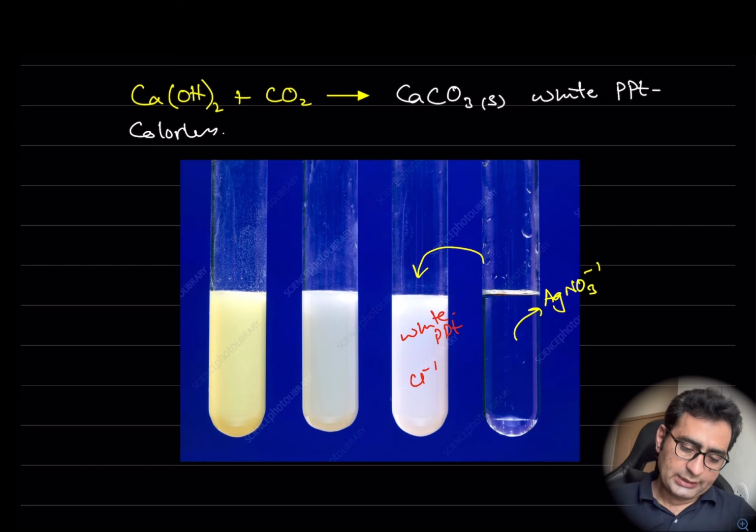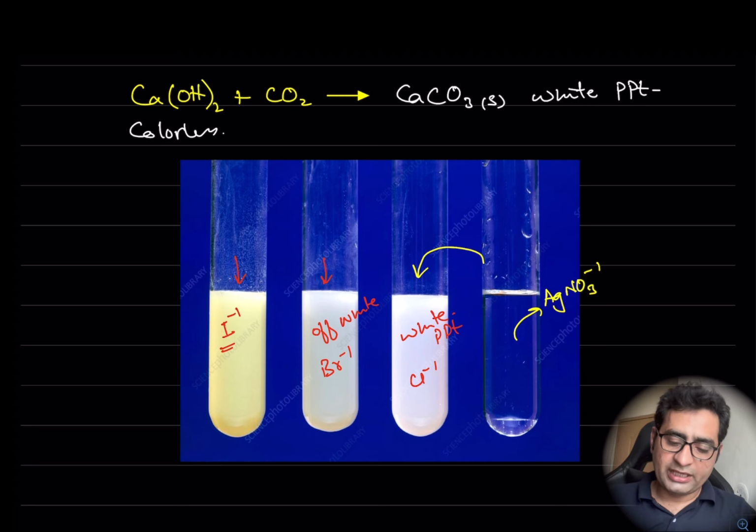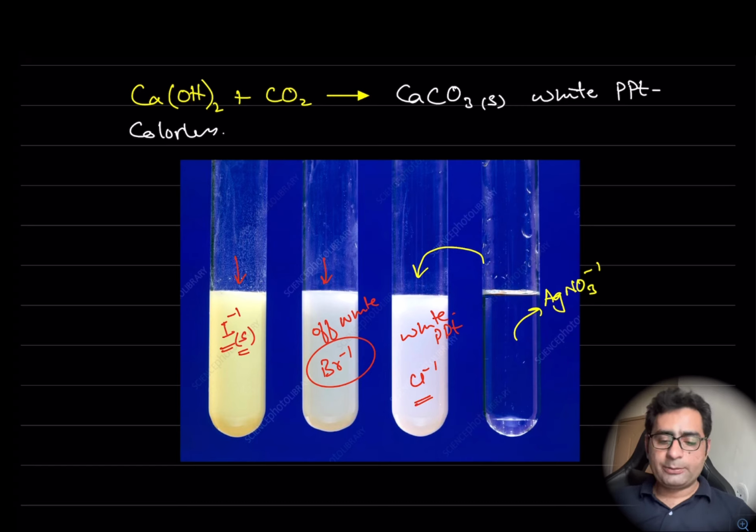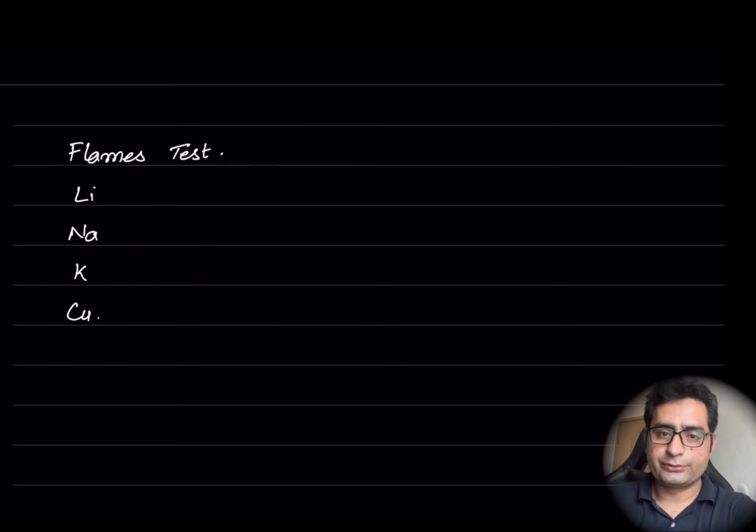Here you can see a slightly off-white or creamy precipitate, this is for bromide. And this yellow color is for iodide ion. If a yellow precipitate forms by adding silver nitrate, it means iodide ion is present. For bromide, off-white or creamy precipitate, and for chloride, white precipitate. This is the color change in the halide ion upon addition of silver nitrate.